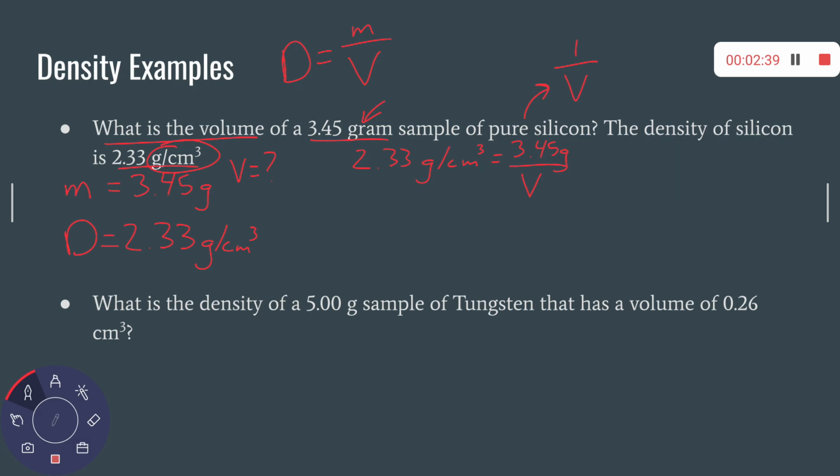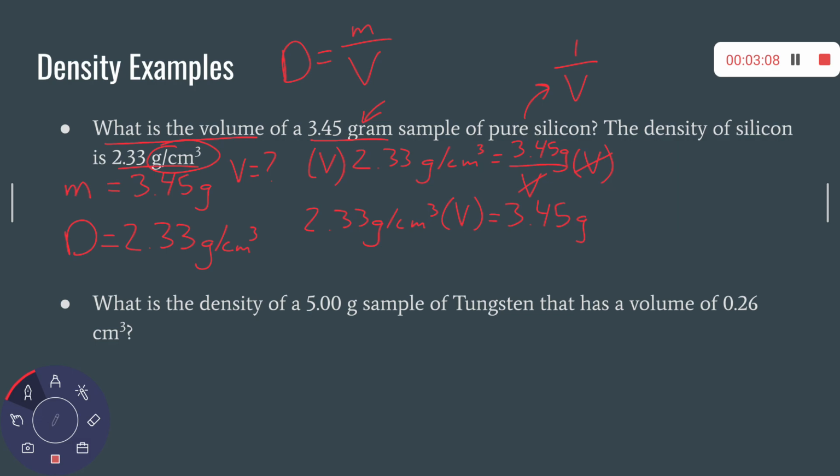So my pro tip: if your variable is in the denominator, multiply so that you can get it in the numerator. So now my volume on the right side of the equation cancels, and I'm left with 2.33 grams per centimeter cubed times my unknown volume equals 3.45 grams.